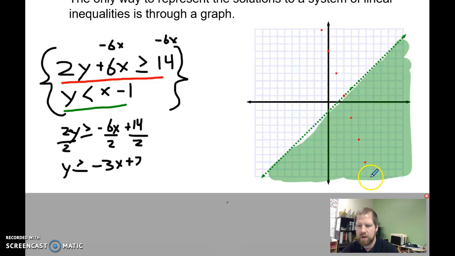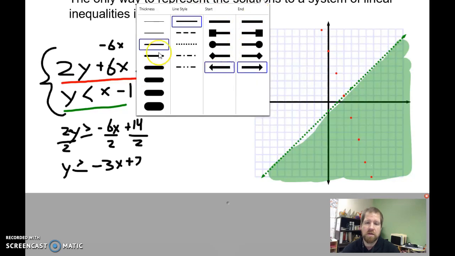It can often be useful to do that and step it all the way along your graph so that you can get your lines straight. You don't have to, but you do want to make sure, because this is the only way we're going to represent our solutions, your graph is as accurate as you can get it. Because if it's not accurate, you can get the wrong solutions.